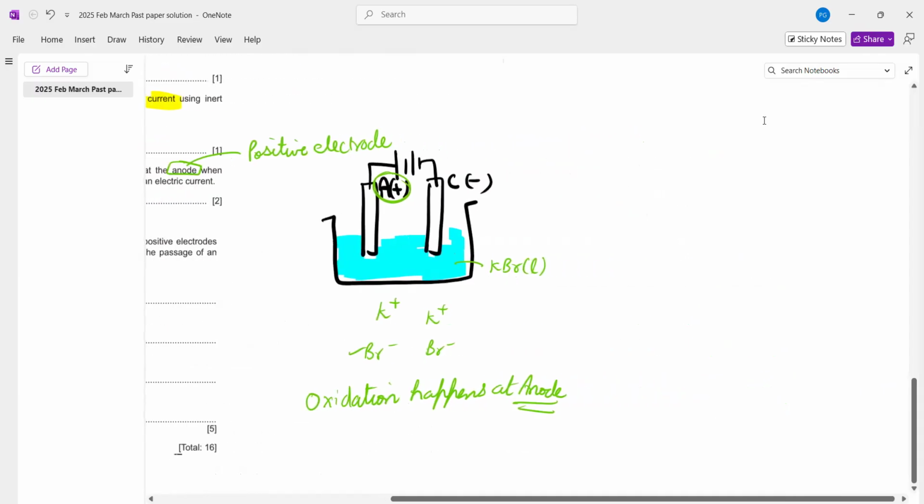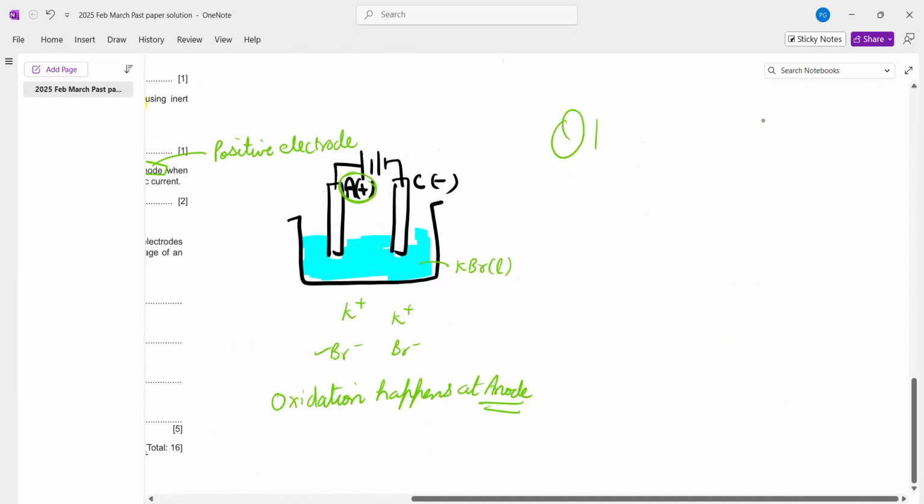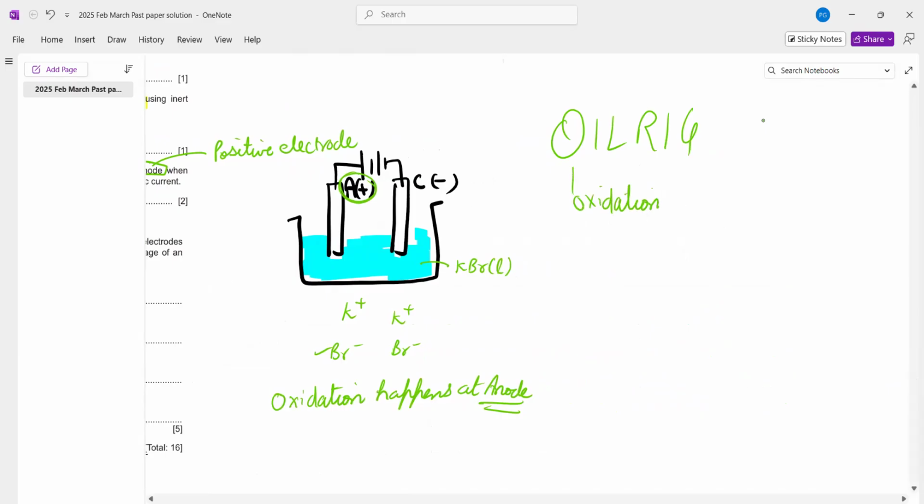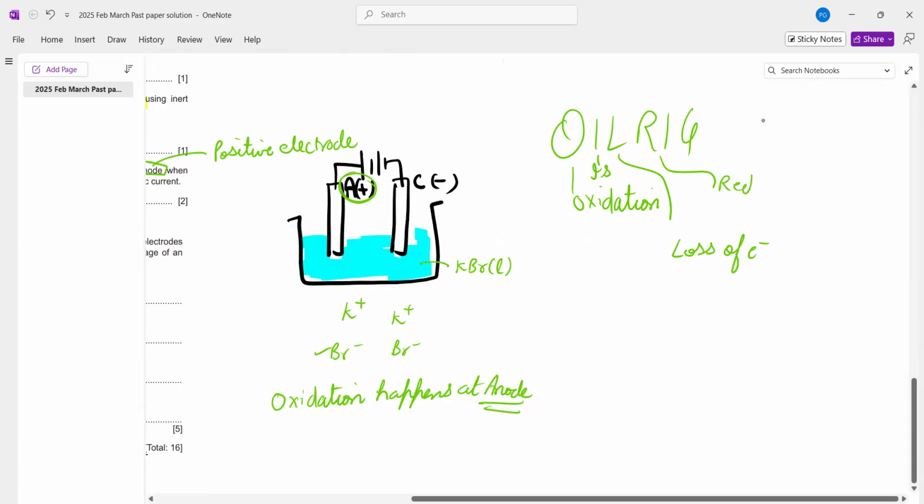Yes, oxidation is loss of electrons. We remember OIL RIG, which says oxidation is loss of electrons and reduction is gain of electrons.